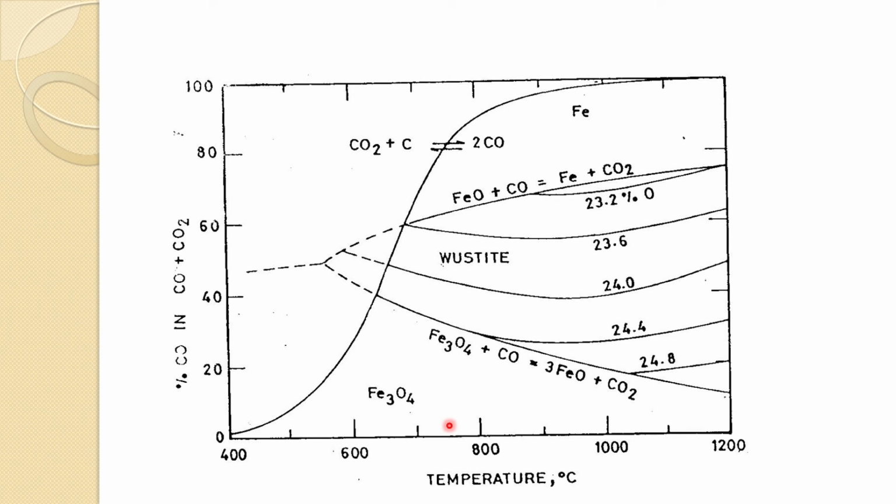Similarly, for others one can calculate, and this is the carbon gasification line which tells where this reaction will occur and how it is going to reduce, or to reduce let us say the FeO, how much CO you need at a particular temperature for a particular oxide.